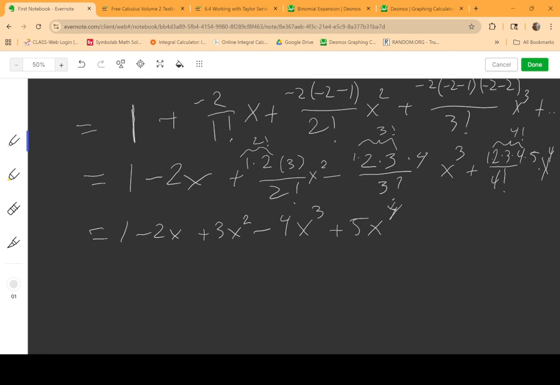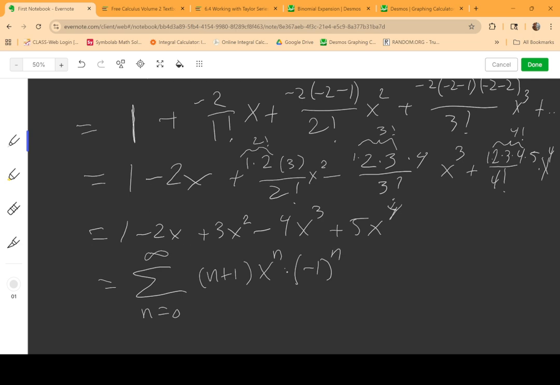In general, we can write this using sigma notation. n goes from 0 to infinity. This is an infinite series where the coefficient is always 1 more than whatever the power is. And it's also alternating, so it's negative 1 to the n power.